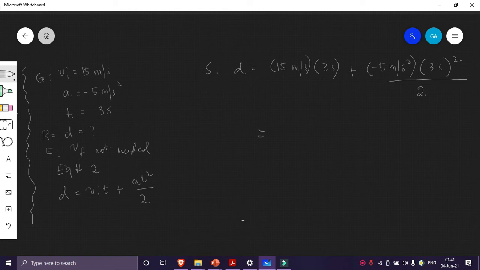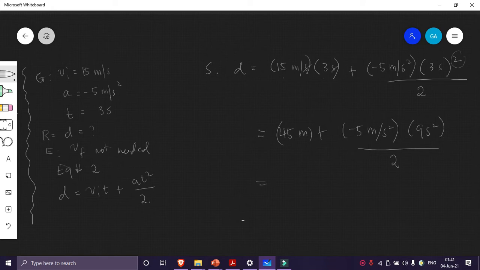15 times 3, that is 45 meters kasi magka-cancel na yung S natin dito, plus negative 5 meters per square second times 3 squared. Okay? So, that will become 9 s squared over 2.